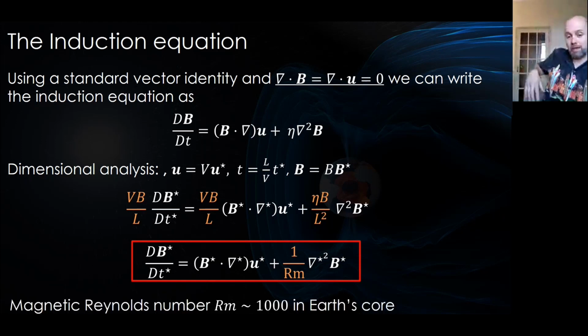In the Earth, this number is about 1,000, which tells you that the second term, del squared B, is strongly subdominant to the other terms in the Earth's core. In the Sun, this Rm might be 10 to the 8, absolutely enormous. Okay, but we get a nice equation from which we can extract some simple physical intuition.